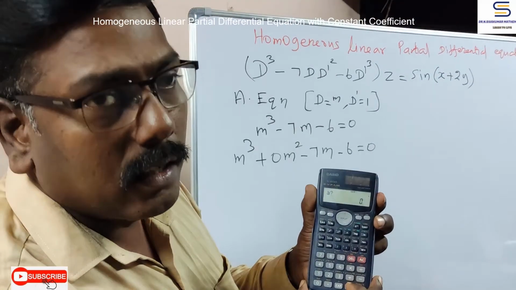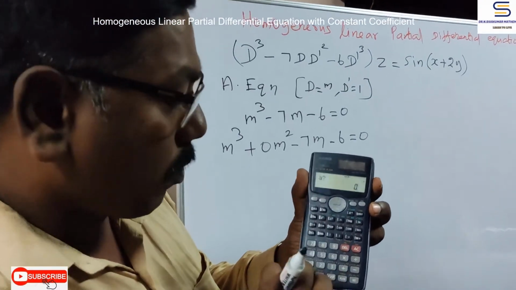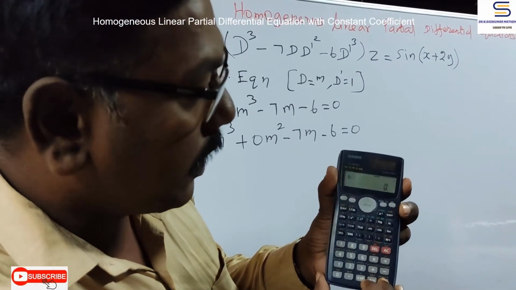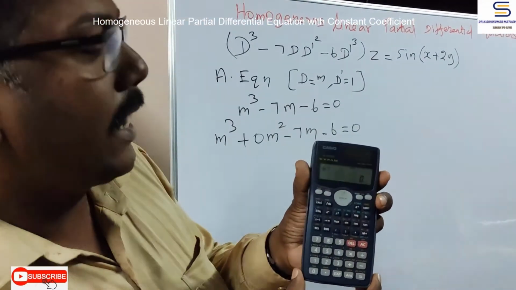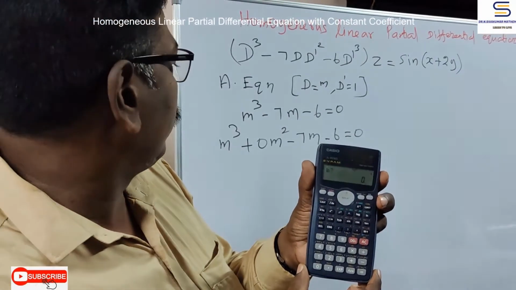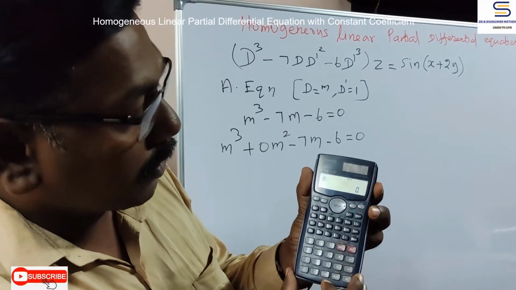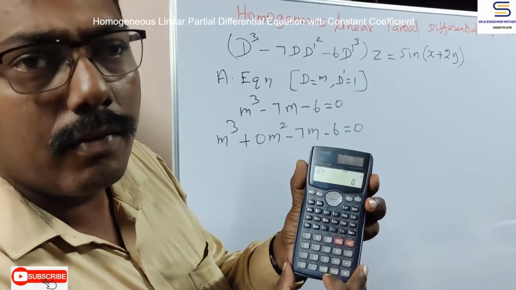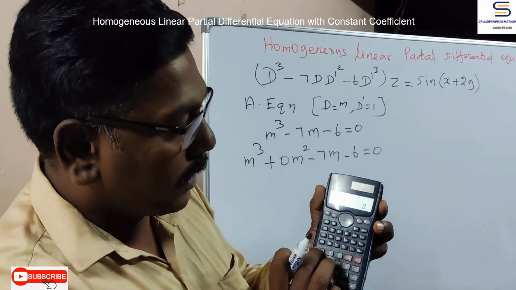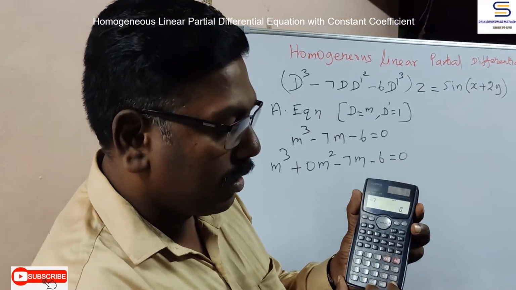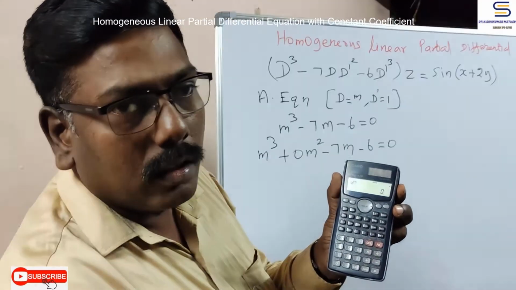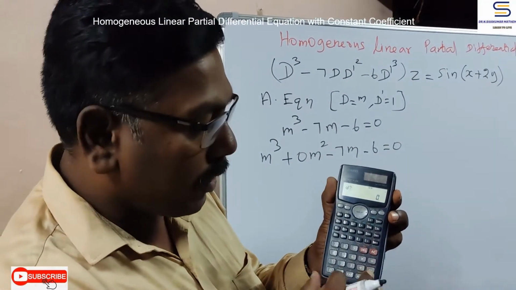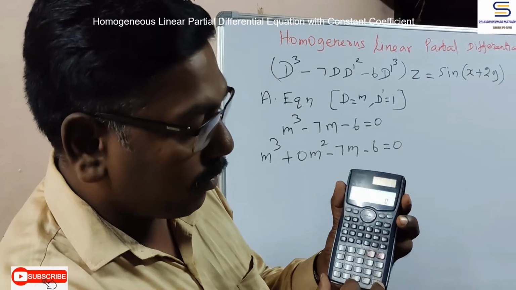That is the coefficient of m³, 1. Then press equal to. The calculator will ask b equal to what? Press 0. Then press equal to. c equal to what? That is the coefficient of m, minus 7. And then press equal to. d equal to what? You have to give the value of d, minus 6.